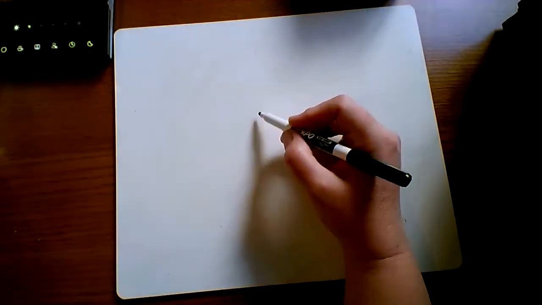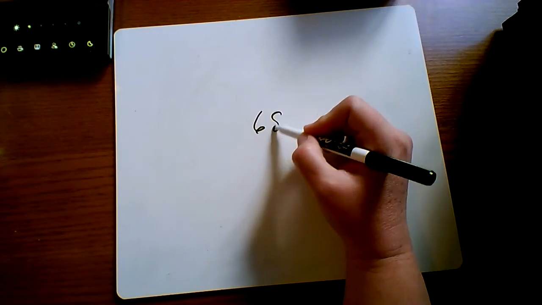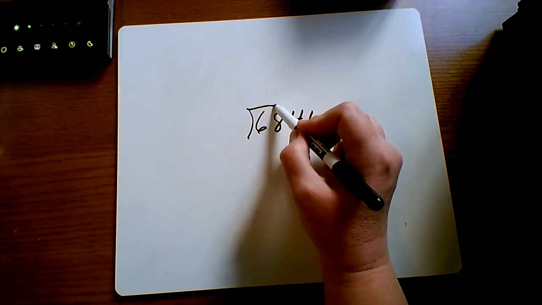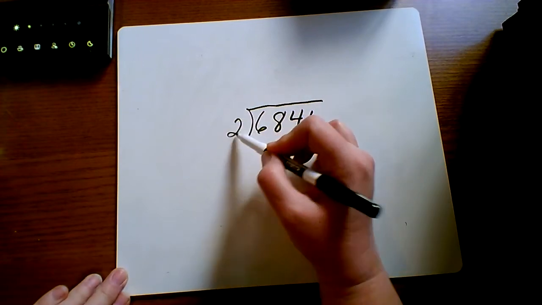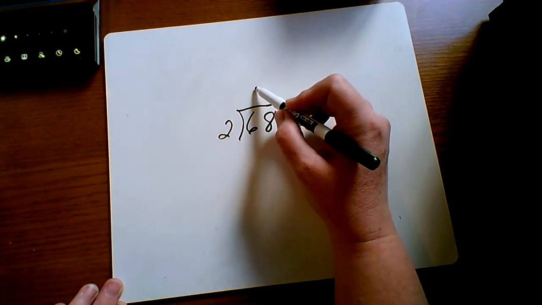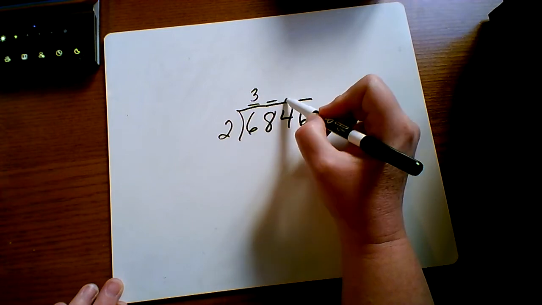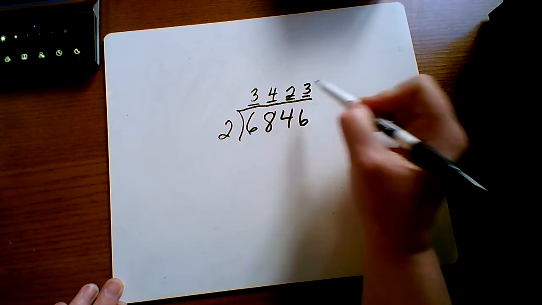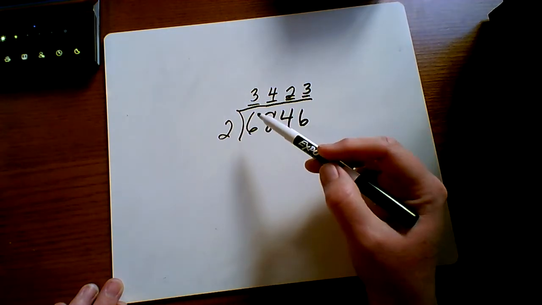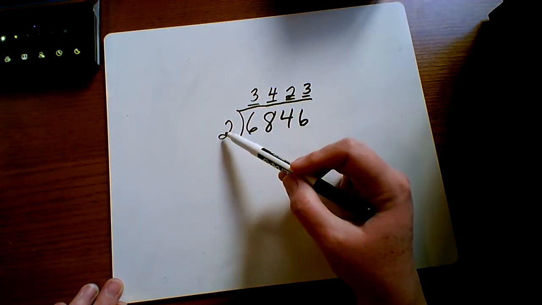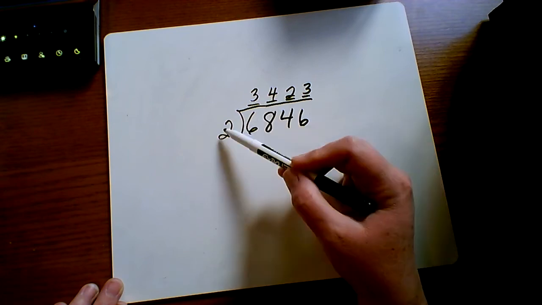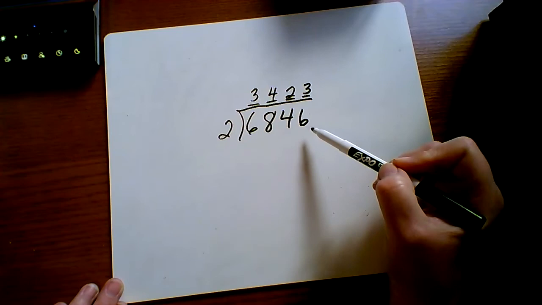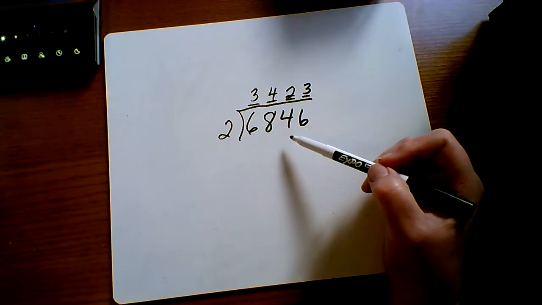Okay, so the first problem was 6,846 divided by 2, and the answer that we got was 3,423. So obviously we could just multiply the quotient and the divisor to see if we get 6,846. That is one way to do it.